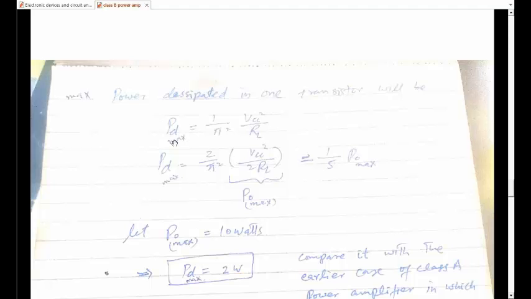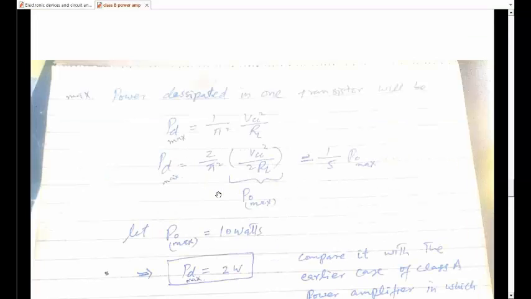Then we plug the value of Vp in the original equation of power dissipation. Then we can find the maximum power dissipation, PD max, equal to this expression, which is 2 by pi squared Vcc squared over RL. This was the power dissipation in both transistors, so divide it by 2.